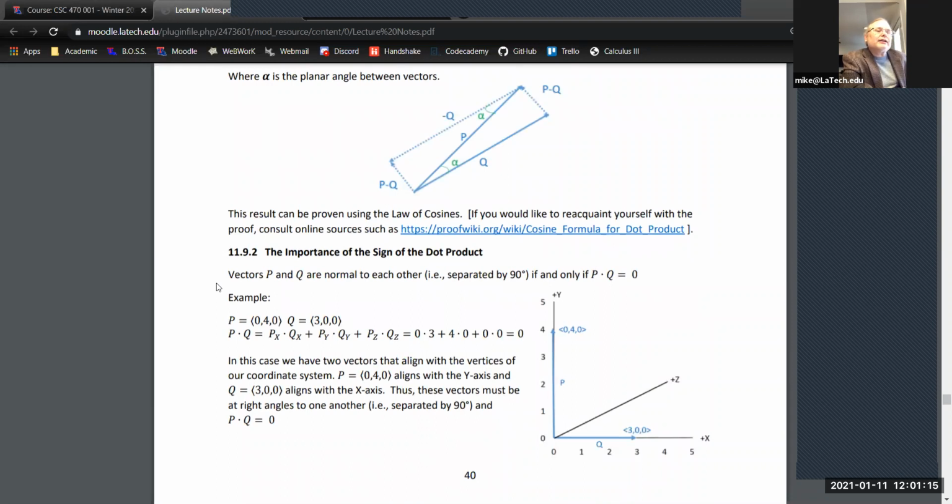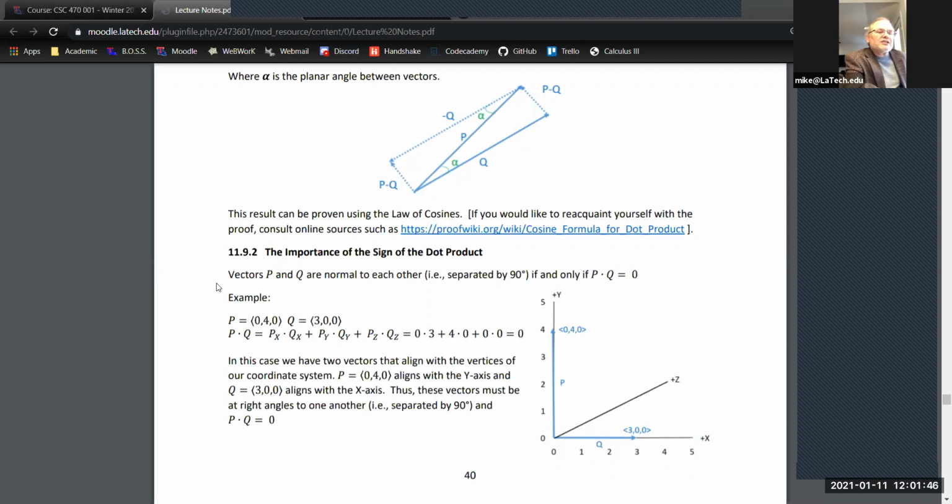Well, like I said, it gives you an indication of the angle between two vectors. So one very important result is that if P and Q are orthogonal to each other, if they are separated by 90 degrees, then the dot product is going to be 0. So let's look here. We've got a vector P that is 0, 4, 0.